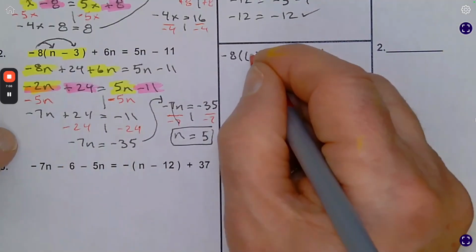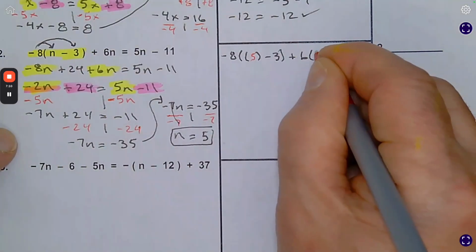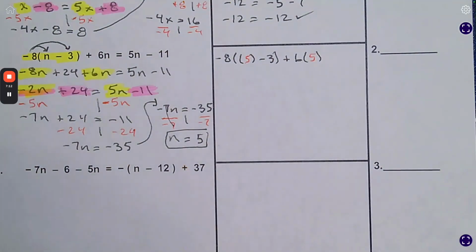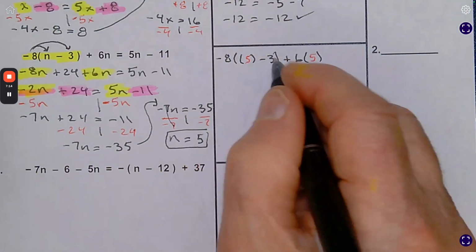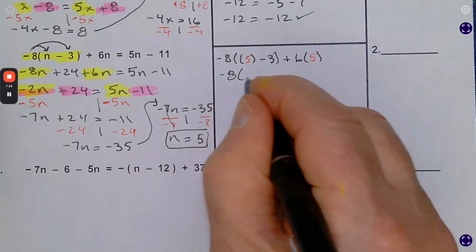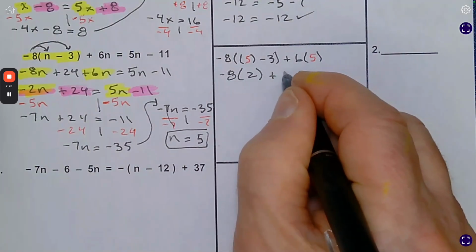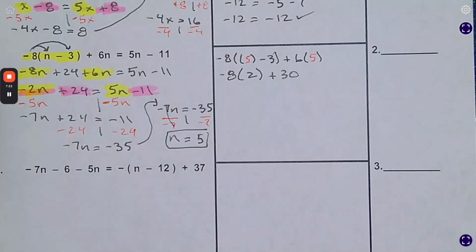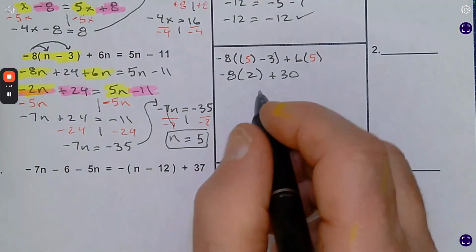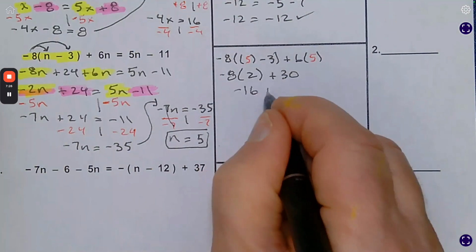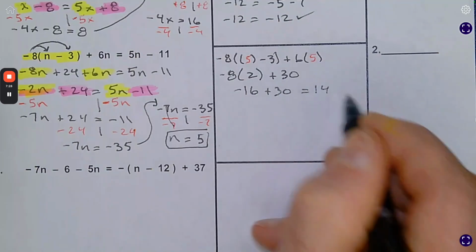So I'm going to put a 5 in there and a 5 in there. Let's simplify. First I have to do what's in the parentheses, so 5 minus 3 is 2, and 6 times 5 is 30. Negative 8 times 2 is negative 16, plus 30, I get 14.